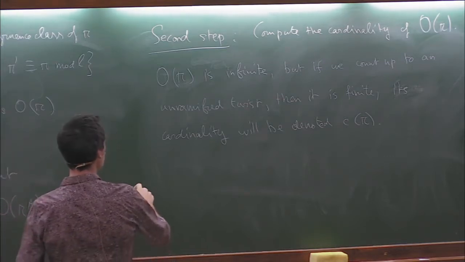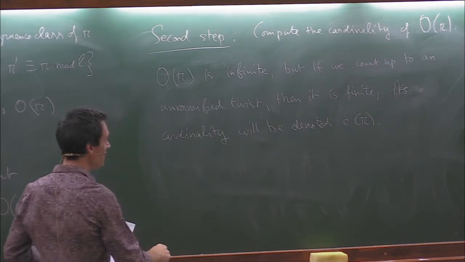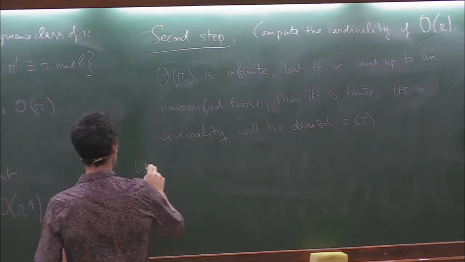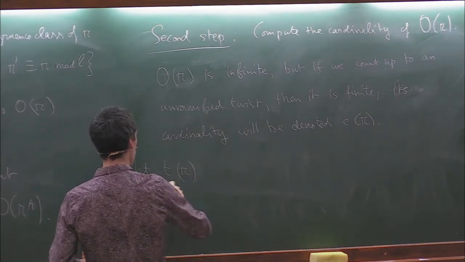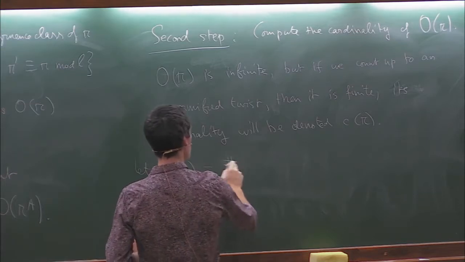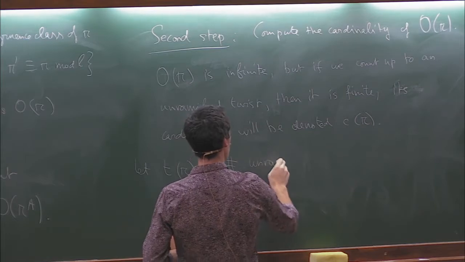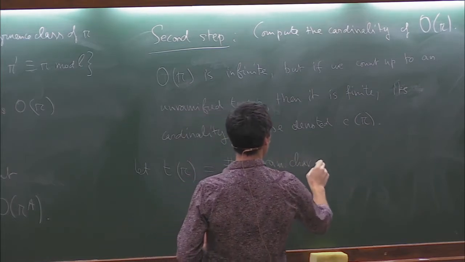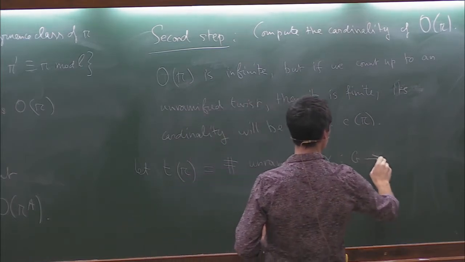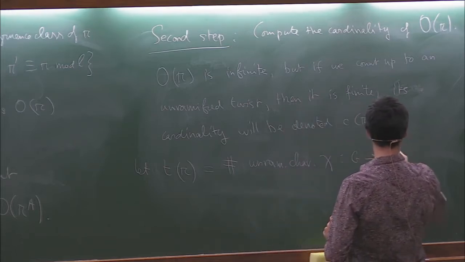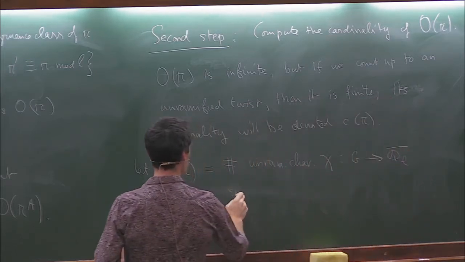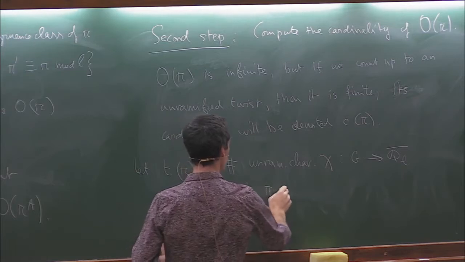So I need two other invariants associated with pi. Let T of pi be the number of unramified characters chi of G which leave pi invariant by twisting.